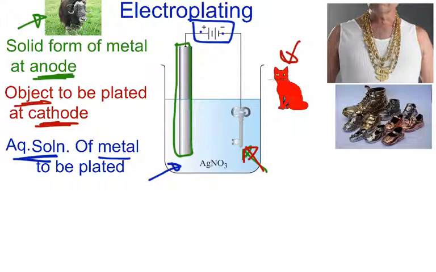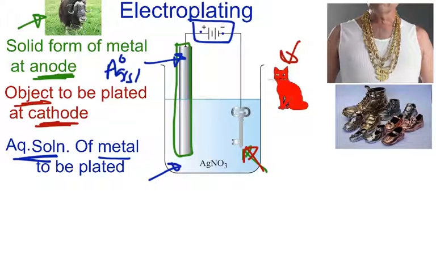So let's look at the anode first. We know the anode undergoes oxidation, or loss of electrons. So you will simply have this solid metal, which we know if it's solid metal, it will be Ag0. So that guy will oxidize.